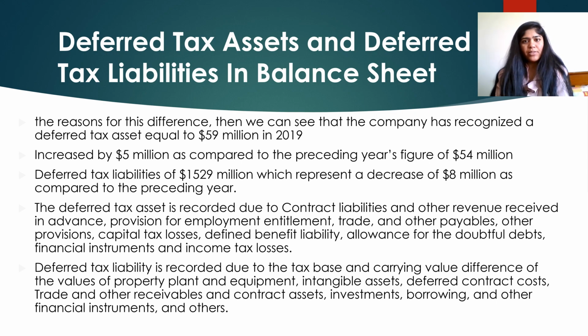Deferred tax assets and deferred tax liabilities in the balance sheet. This topic I have also taken from my report because this is also a sum. Regarding the reasons for the difference, we can see that the company has recognized deferred tax assets equal to $59 million in the year 2019, an increase of $5 million compared to the preceding year's figure of $54 million.